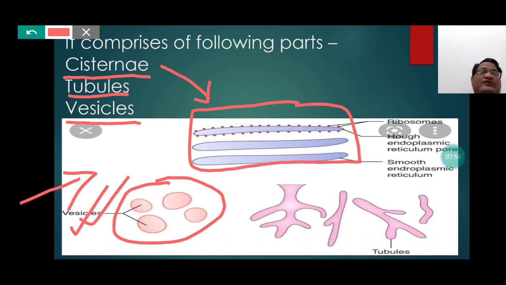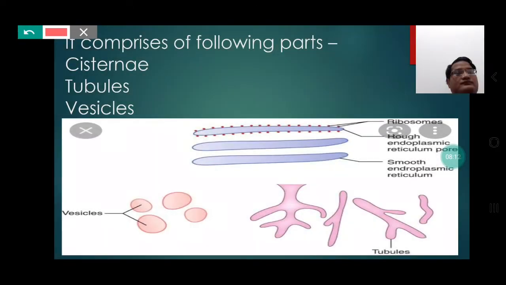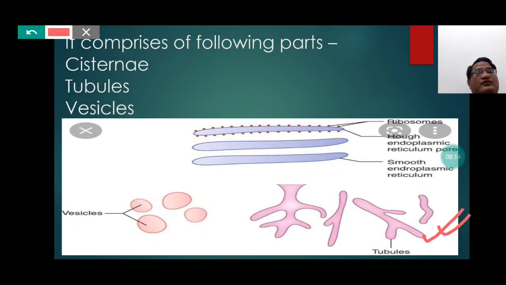This is the second most important component of the endoplasmic reticulum. And the third important part of the endoplasmic reticulum is the tubule. So students, this tubule also is the third important part of the endoplasmic reticulum. So students, cisternae, tubules and vesicles taken collectively form the endoplasmic reticulum.